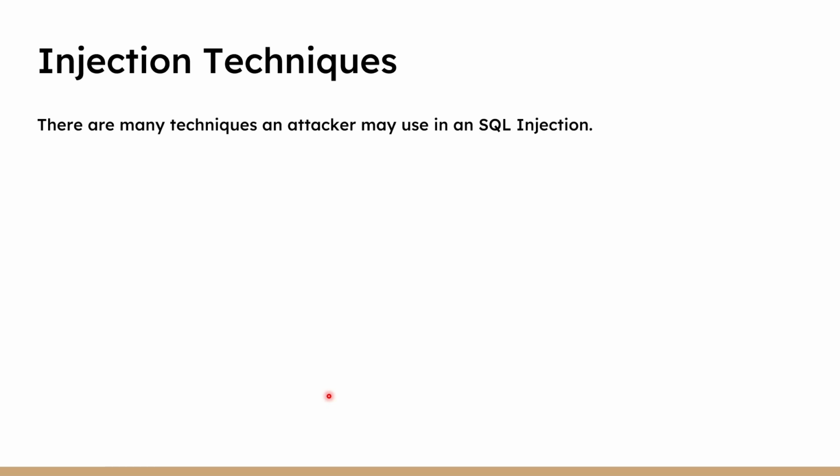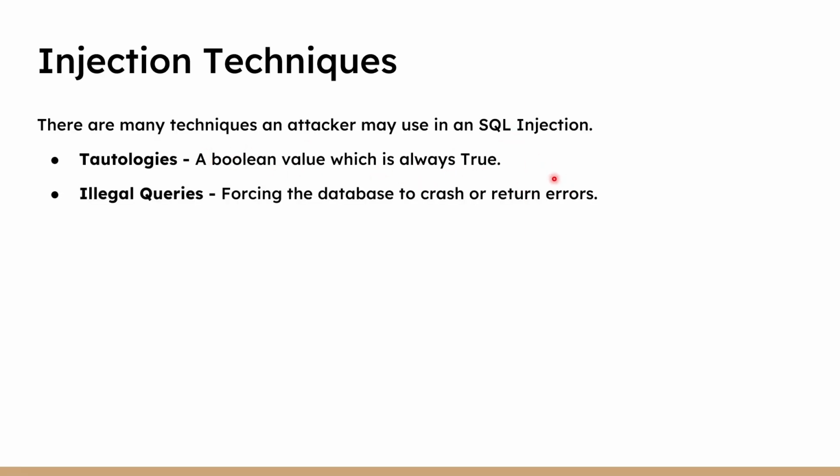I'm going to go into the types of SQL injection attack. These were listed in the slides for security networks. I'll just provide a list here, but then I'm going to go into more detail about each one. So a tautology attack is one where they just use a Boolean value that's always true, like before.